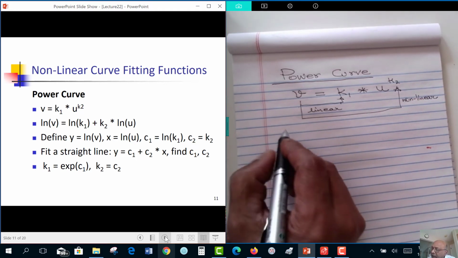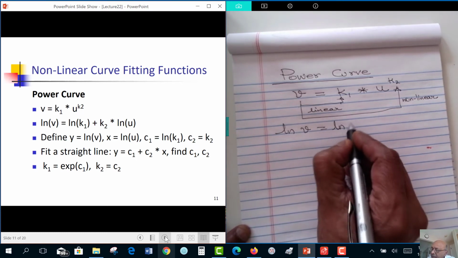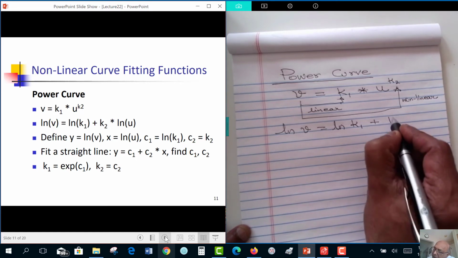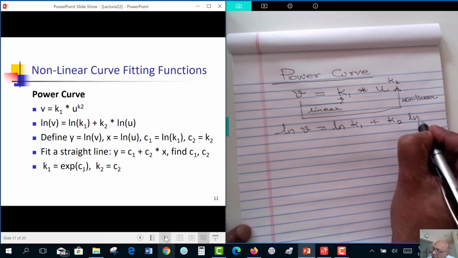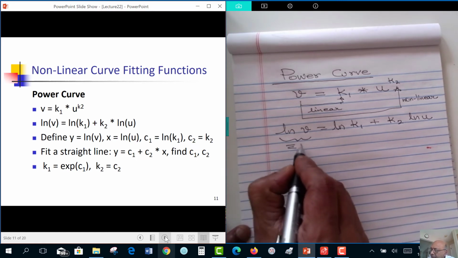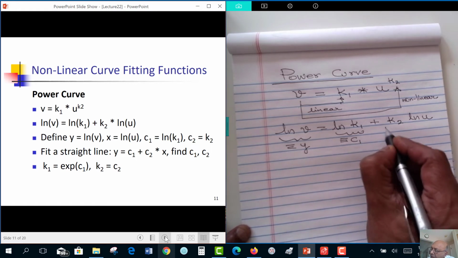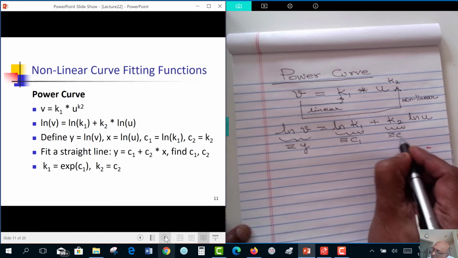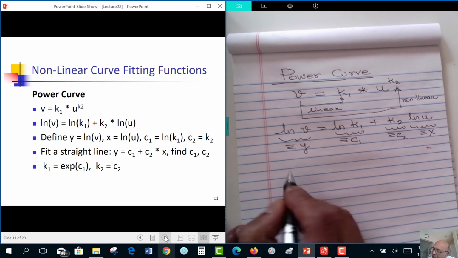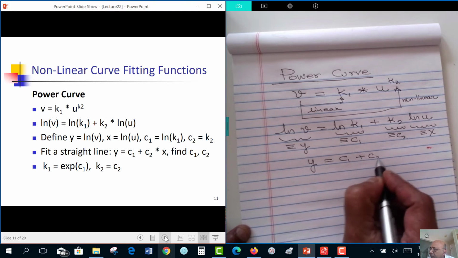So again, we try taking log of both sides. Log V is log K1 plus K2 times log of U. Again, we call this Y. Let's call this C1, let's call this C2, and let's call this X. So our equation will become Y is C1 plus C2 X.